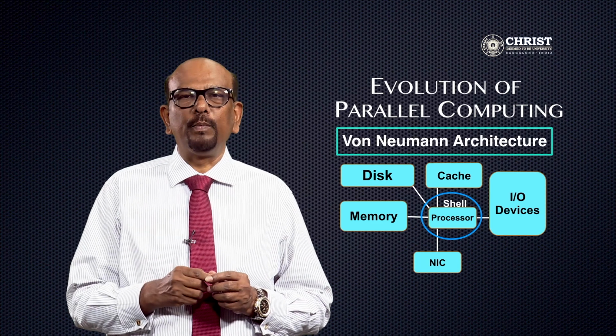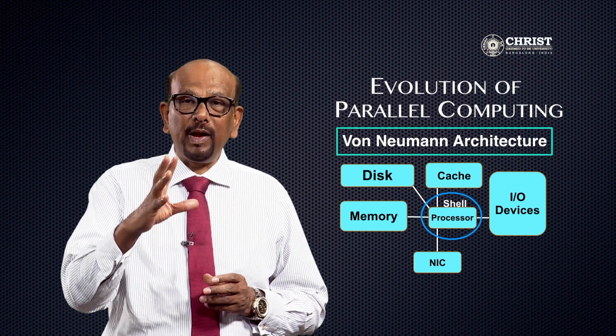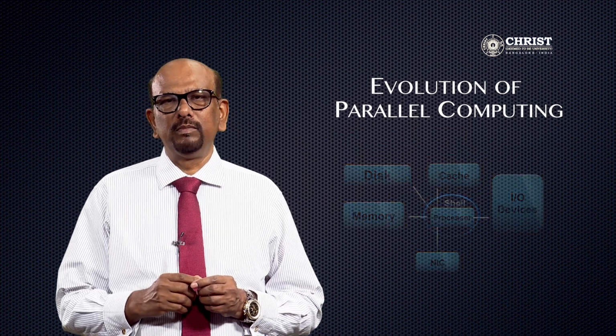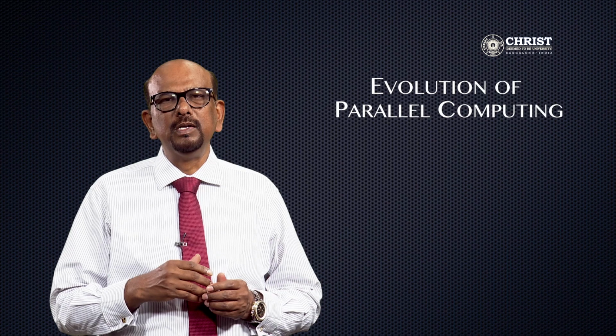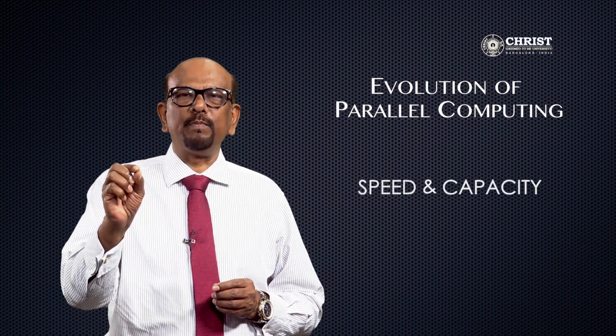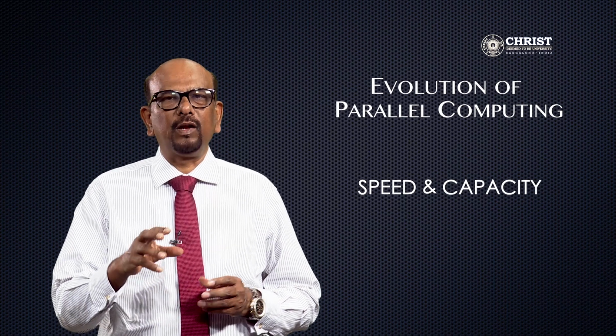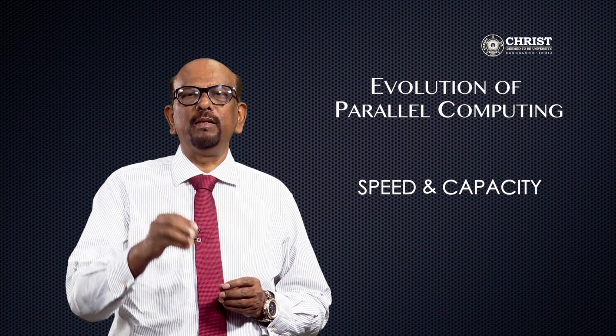In each of the components, the base technology has been rapidly changing over a period of time. Right from the design and the manufacturing of the first computer, there is a constant effort in making the system scalable to the demand in terms of speed and capacity. As the technology grows, we use the latest technology to design the machine.